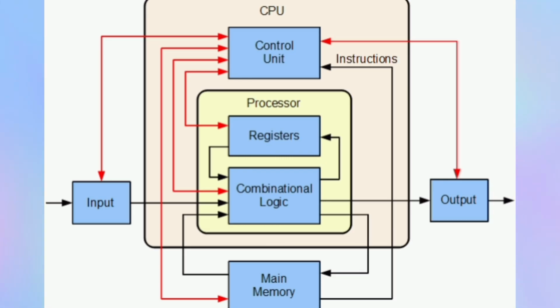The combinational ALU communicates with the output unit. The output unit communicates bidirectionally with the control unit, and the input unit also communicates with the control unit. The control unit communicates with the register, the combinational logic, and the memory unit, main memory or secondary memory.